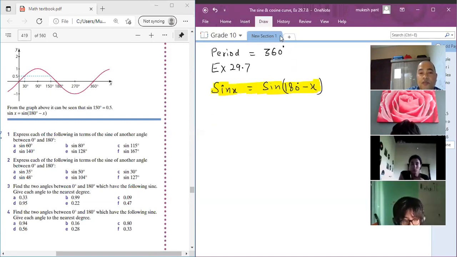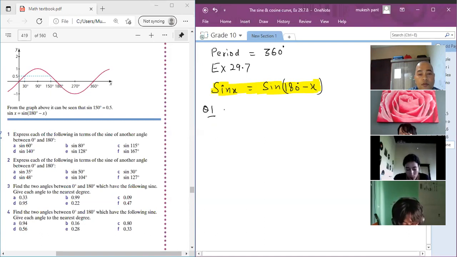Okay, so let's do question number 1. For example, we have sine 60 degree. So Eric, what can we write? Sine 60 means sine 180 minus 60. So this is sine 120.